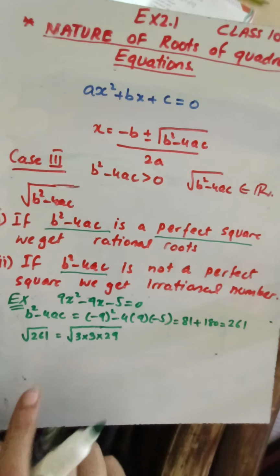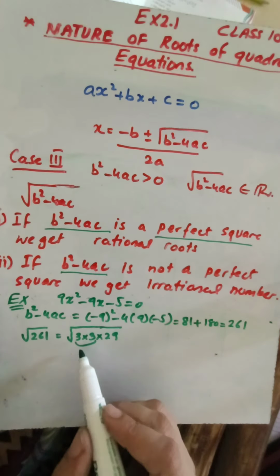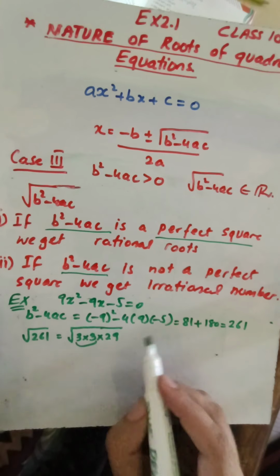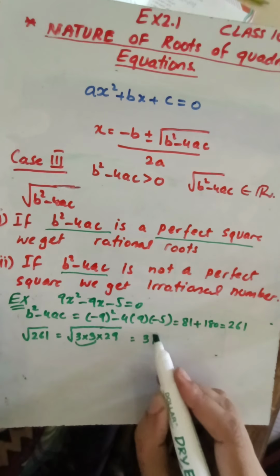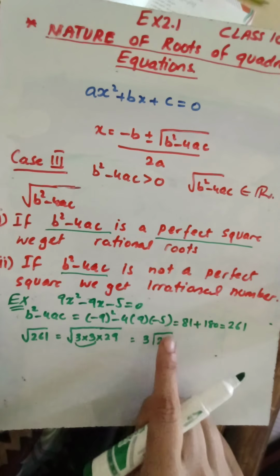So if I want to find the square root, I will go for the prime factorization, and when we find a pair of two numbers, we take one out of that pair. So over here, as you may see, 29 is left under the radical sign.